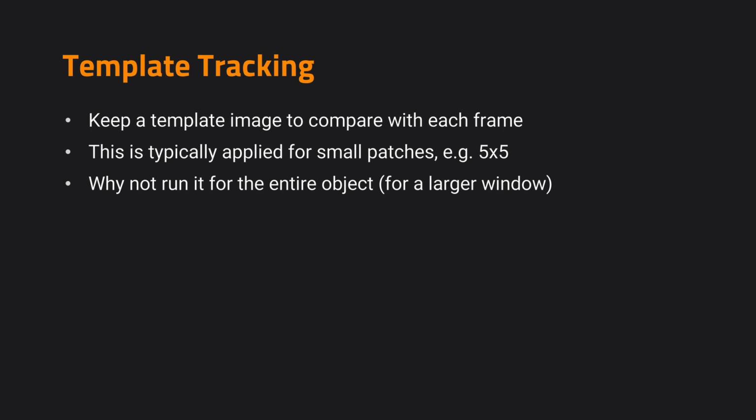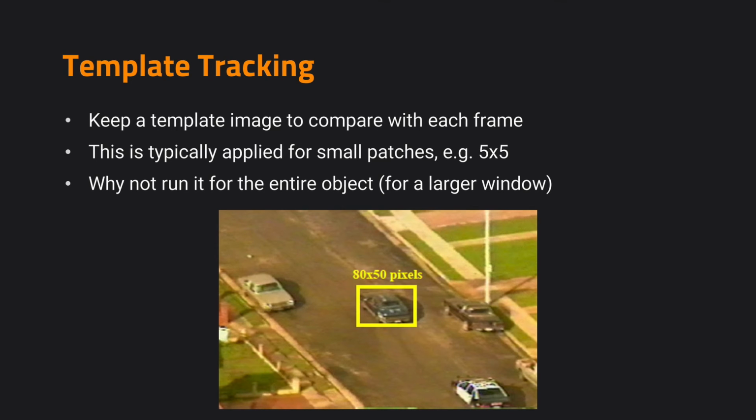Why can't we run it on an entire object with a much bigger window? For example, instead of only considering a patch of 3x3, 5x5, or 7x7, we want to track this vehicle across the video, and the target bounding box is 80 by 50.